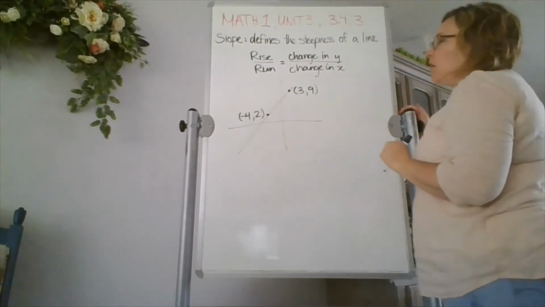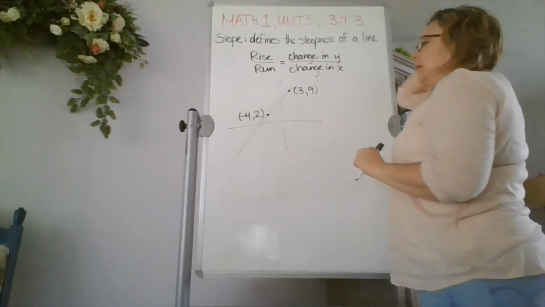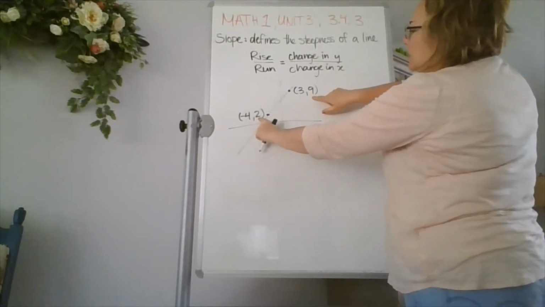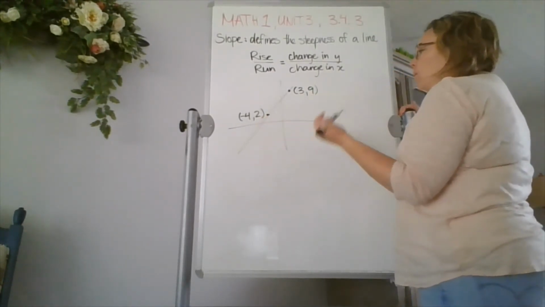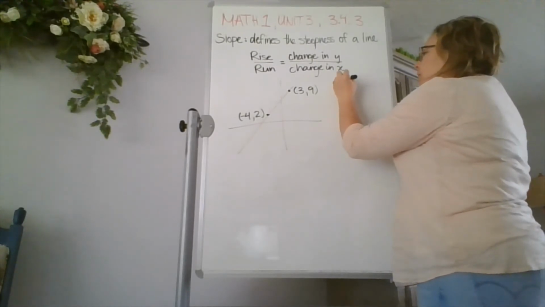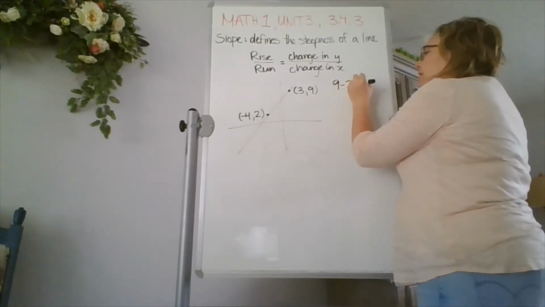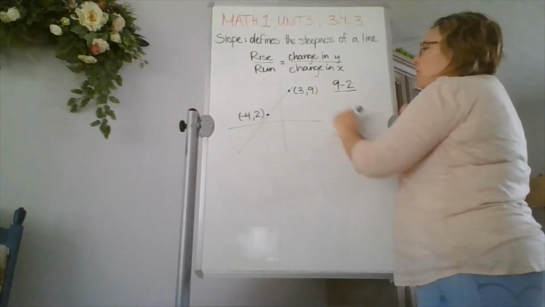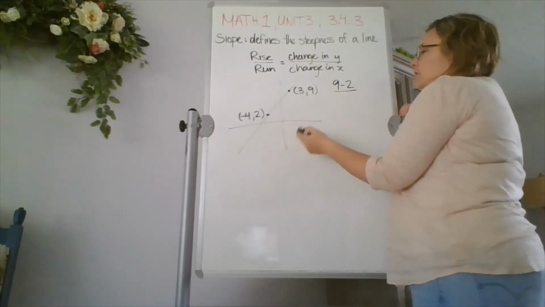Okay, we want to find our slope. So again, we could count. We could count from 2 to 9 to see what our change in y's are, or we could use the formula, and the formula is subtracting our y values over the subtraction of our x values.